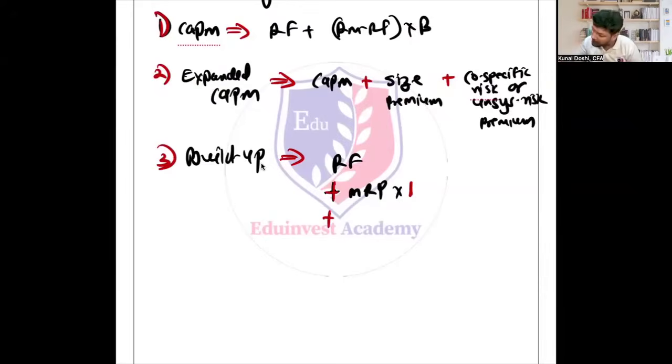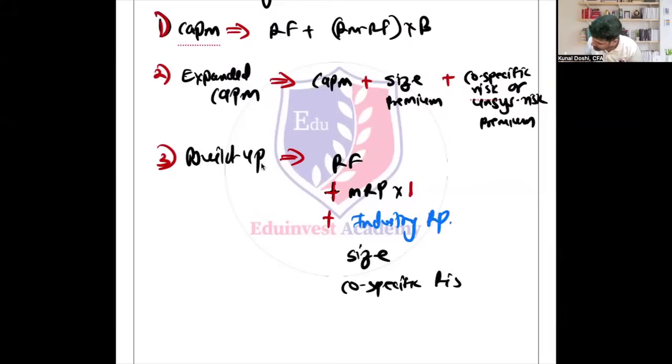So here one more premium is added, the industry risk premium, compared to the two already that we did, that is due to the size and company specific risk premium. These two risk premiums are okay, which we already did, correct? These all risk premiums are fine. But the industry risk premium is added because we are assuming that we are taking the CAPM of a broad market, where the beta is always 1. So you can simply take the market risk premium, you can ignore the 1. Correct, everyone? This is used generally when you do not have a comparable company available.